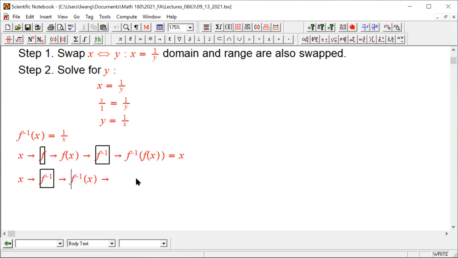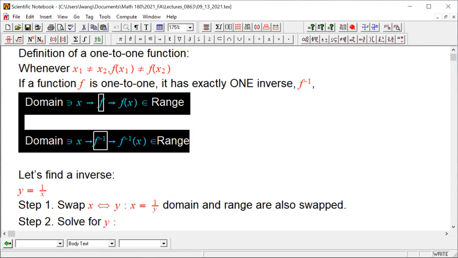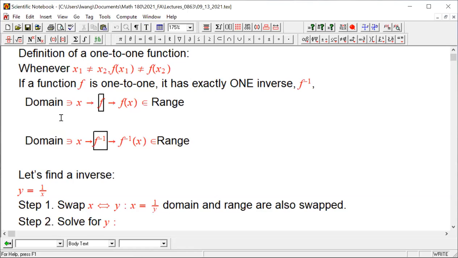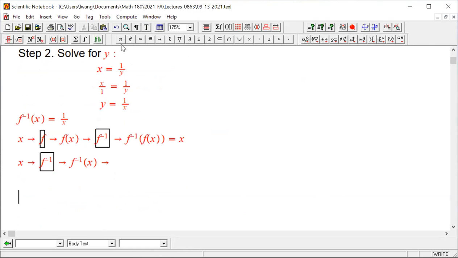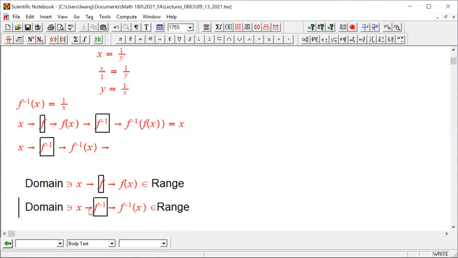And this guy is in the range of, hold on, let me grab this over here. So you can see that this input, taken from the domain of the inverse, produces f inverse of x, which is in the range of f inverse. But that range and the domain of f are the same.